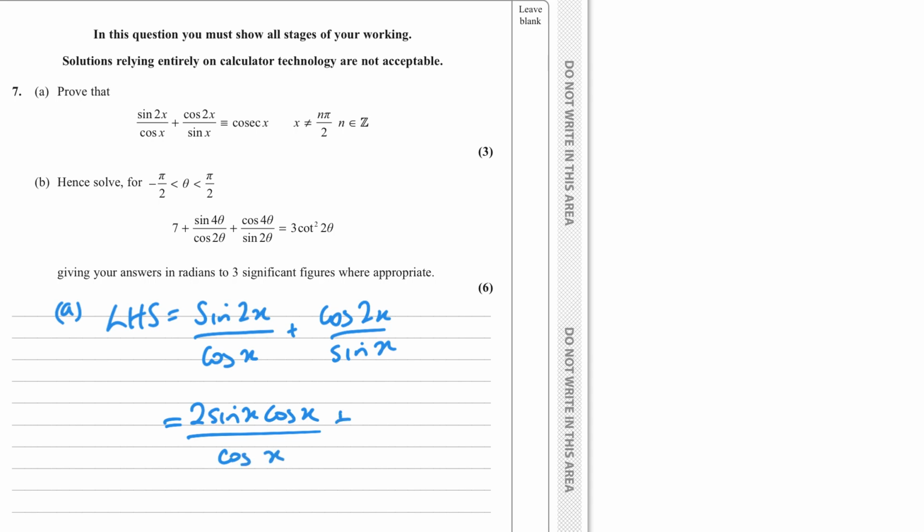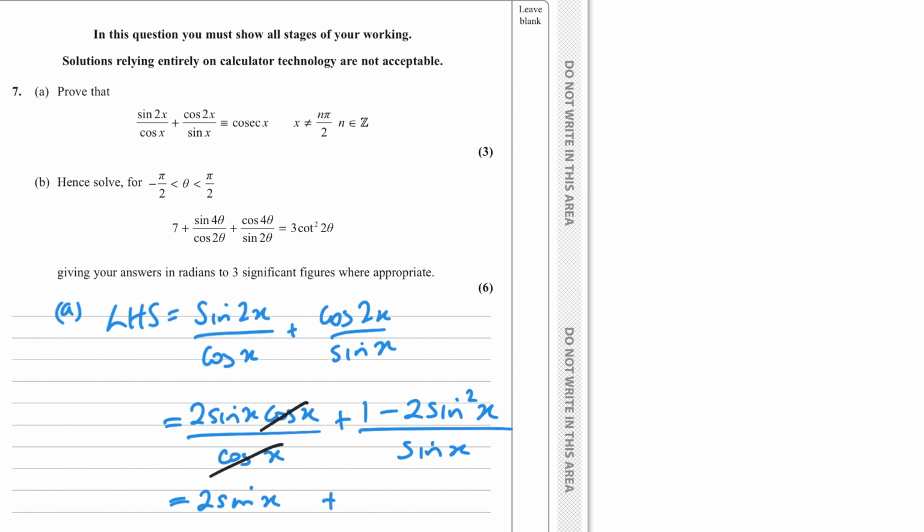Now with the second one, since there's a sine on the bottom, I'm going to use 1 minus 2 sine squared x. Now this might not work, but with the sine on the bottom, hopefully it will. So I can see and cancel these x's there, which is nice. So that leaves me with 2 sine x on the left bit.